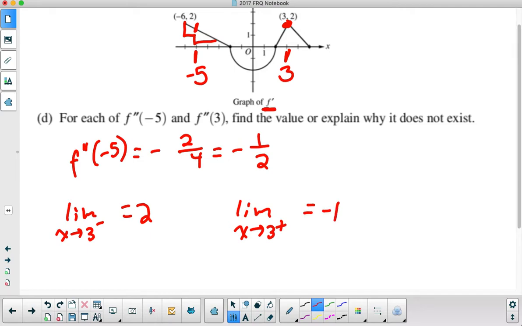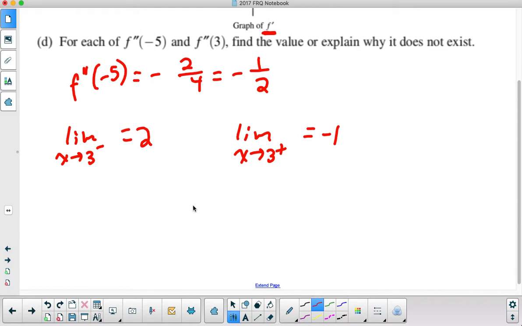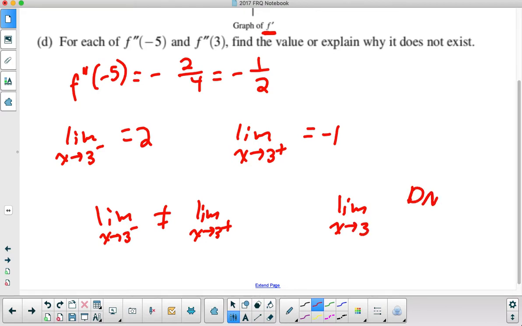So since the limit as x approaches 3 from the left does not equal the limit as x approaches 3 from the right, then the limit as x approaches 3 does not exist.